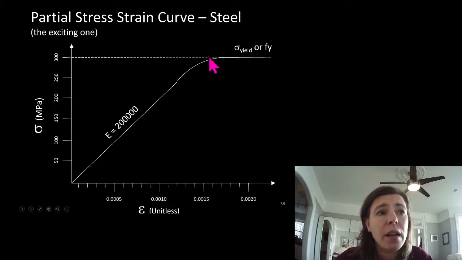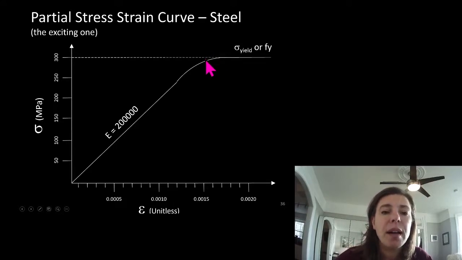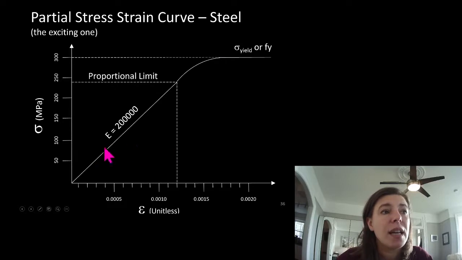So at this point, we would stop seeing a reversal of shape if we unloaded the object. We would start to experience permanent deformation at this stress. This is our proportional limit, where our stress strain curve E stops being totally linear.